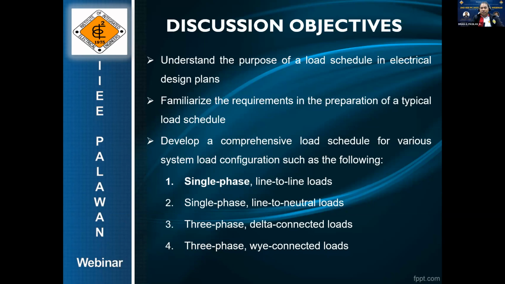So three phase delta connected load, so ito yung connection na yung neutral natin ay isa lang, or fourth wire natin, fourth conductor natin serves as equipment ground conductor lang, so wala tayong connected loads from line to neutral. And the three phase Y connected loads, ito yung may neutral, line to neutral loads, no. So ito yung mga 400 volts to 230 volt system. Okay, so let's move on.